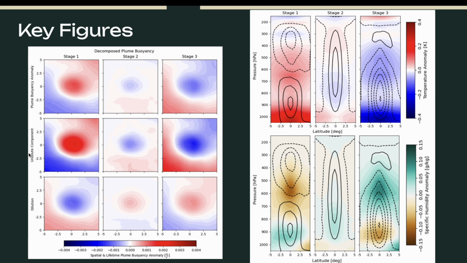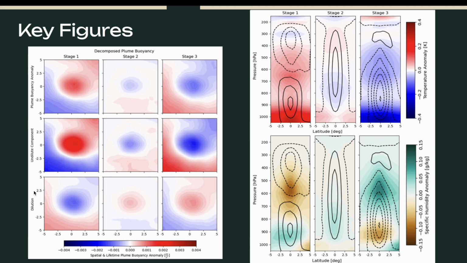Our undilute component here, row 2, is calculated by taking the regular MSE of the boundary layer minus the saturated MSE of the lower free troposphere, all divided by the saturated MSE of the lower troposphere.